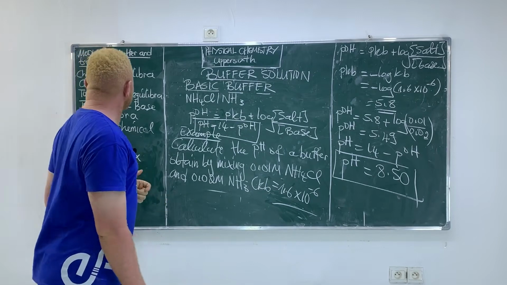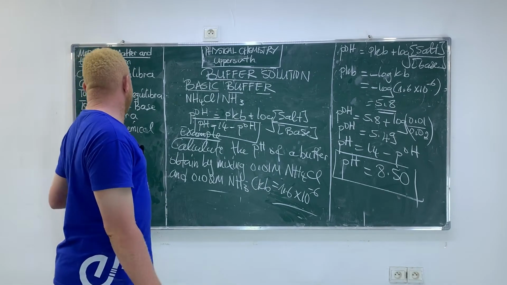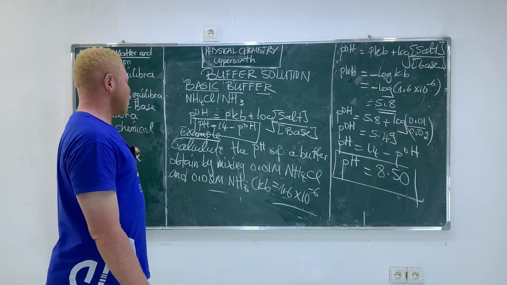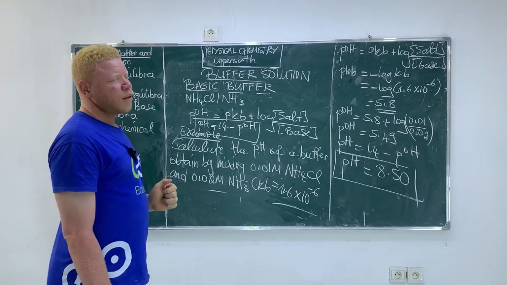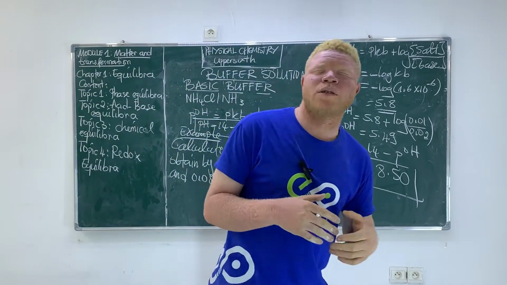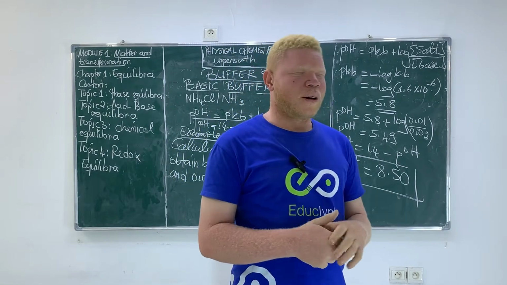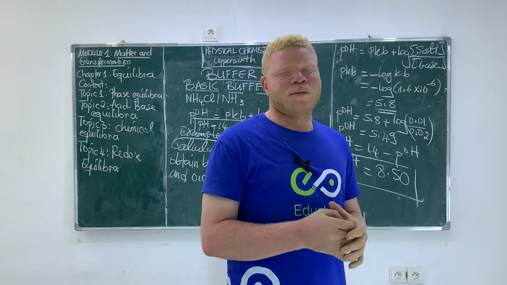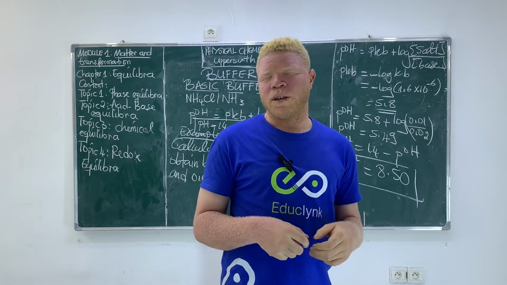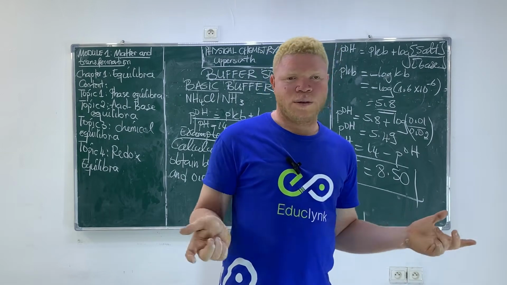The topics we saw were phase equilibria, acid base equilibria, chemical equilibria, and redox equilibria. So in this series of videos, we'll be seeing the various equilibria. In acid base equilibria, we saw how to calculate the pH of a neutral solution like water using the Kw value.